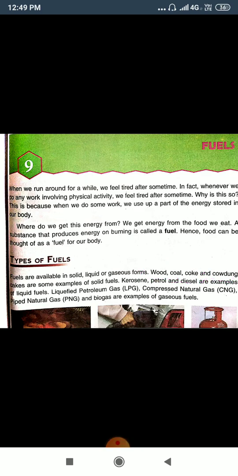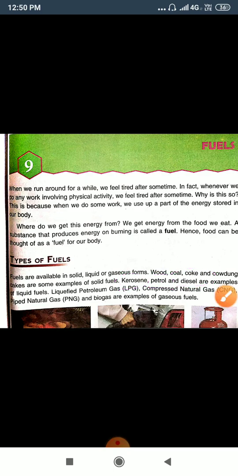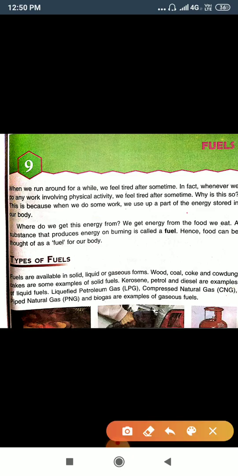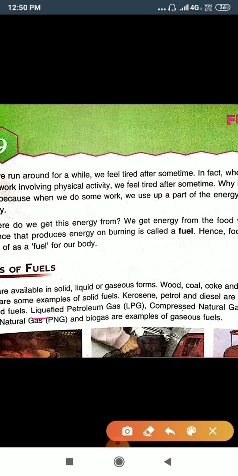Okay, now move to the liquid fuel. You all have seen kerosene, petrol, and diesel. These are the examples of liquid fuels and these are used to run the vehicles, and to make food also, like kerosene oil. And now gaseous fuel. See this page, you can see LPG.